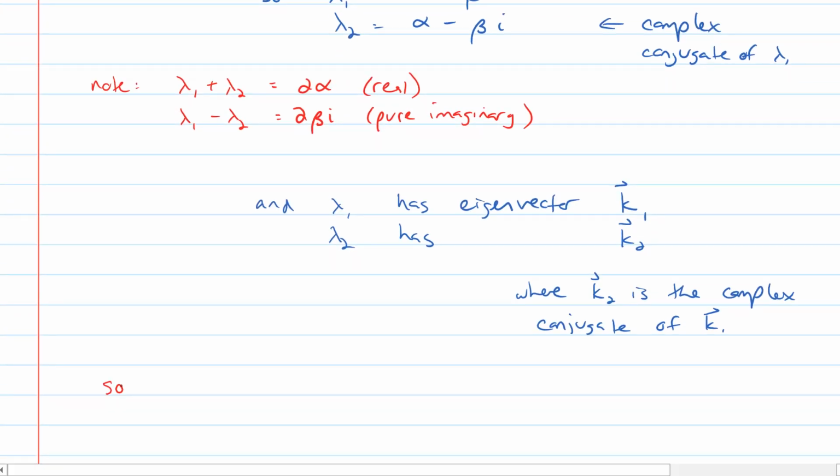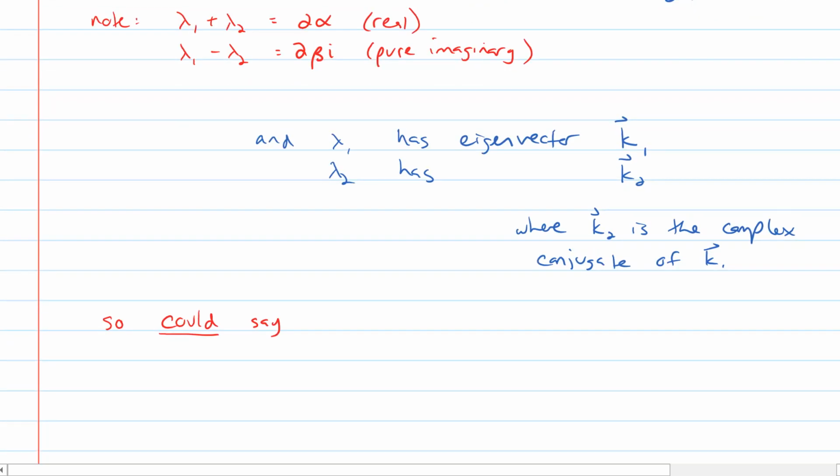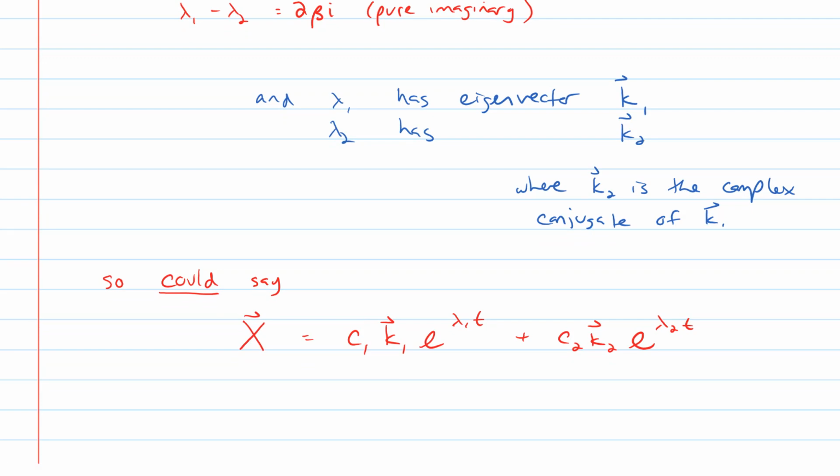And if you totally insist, you could just say that vector capital X is equal to c1 vector k1 e to the lambda 1 t plus c2 k2 e to the lambda 2 t, where we've got complex numbers everywhere.